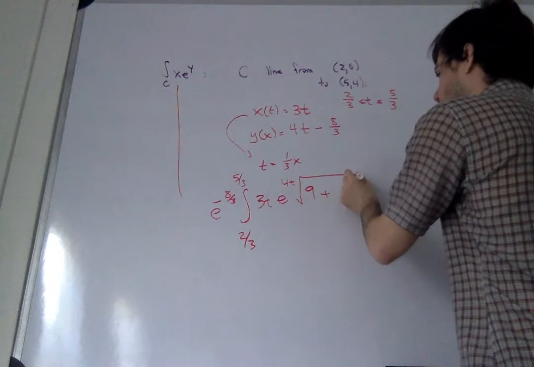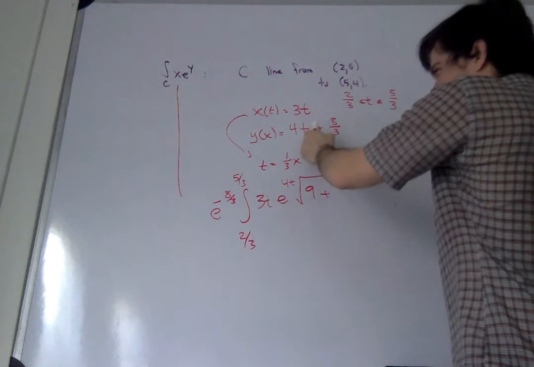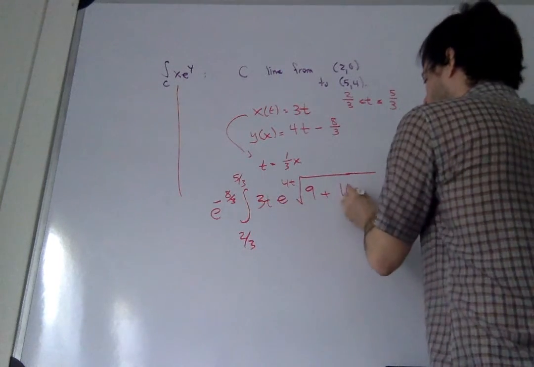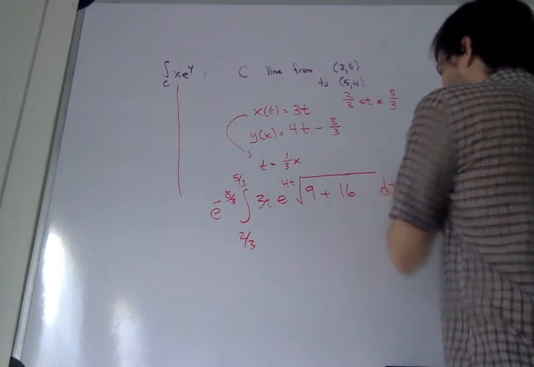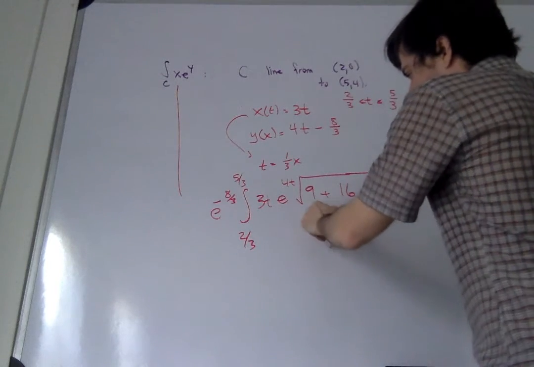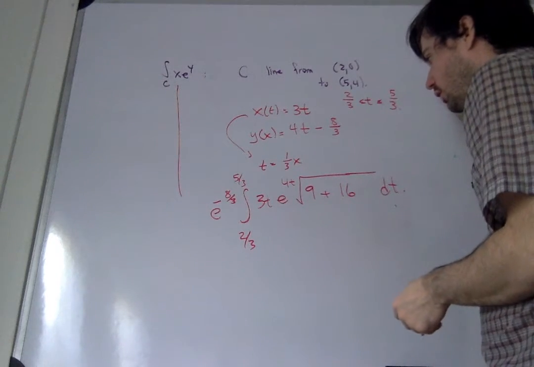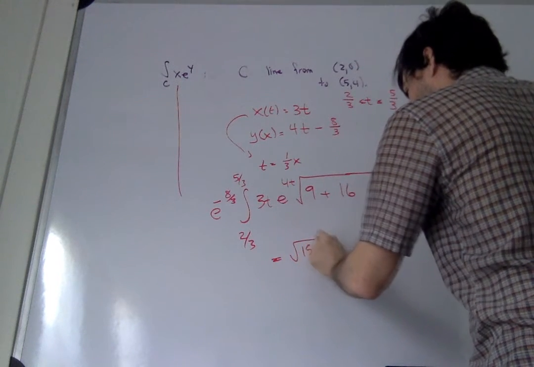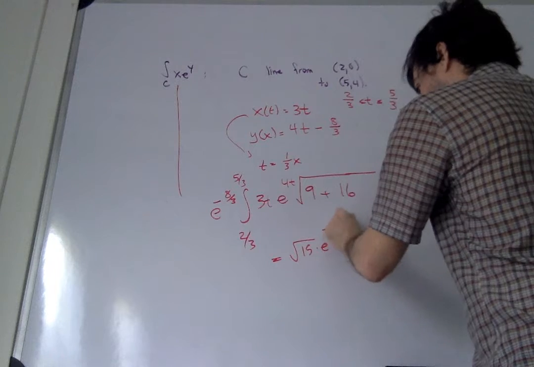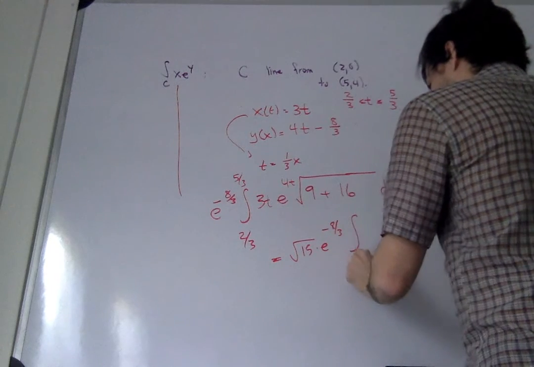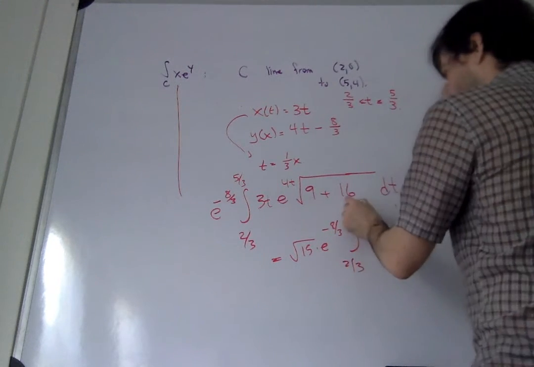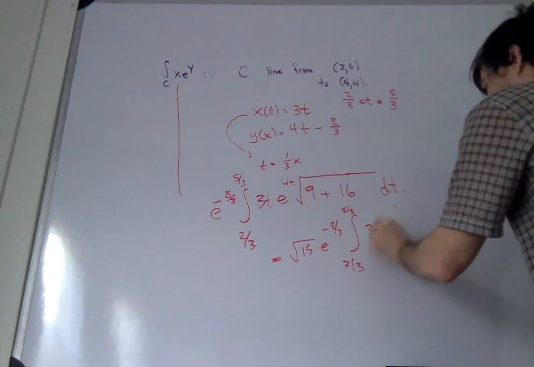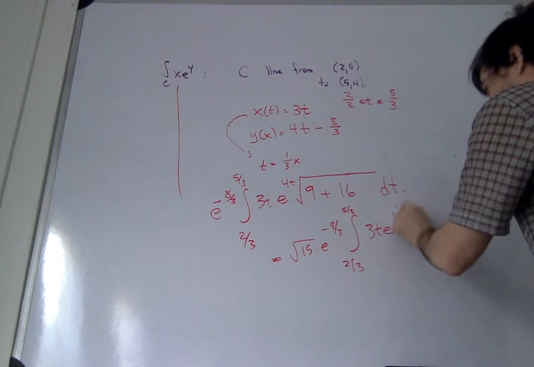And then I'm going to do the same again with y, so I get a 4, and then I square that, I get 16, dt. This right here is what? 15. So I'm going to pull out the square root of 15 times e to the negative 8/3, and then the integral from 2/3 to 5/3 of 3t e to the 4t.